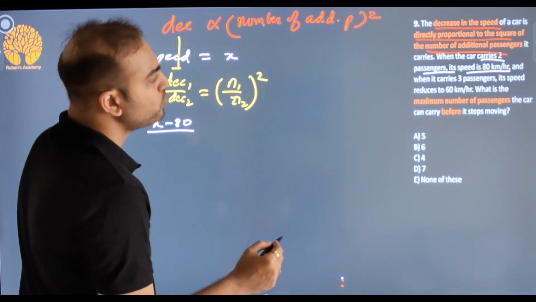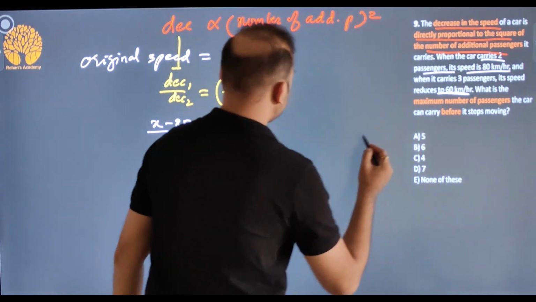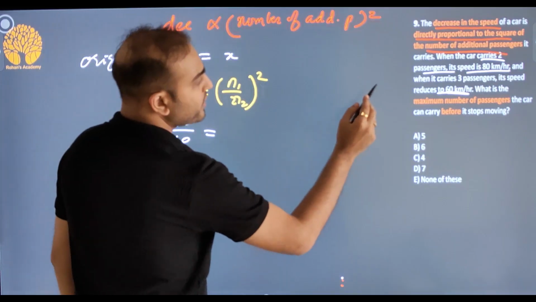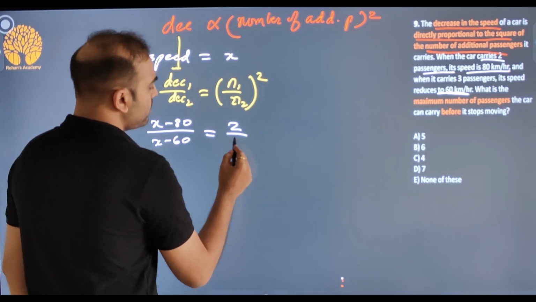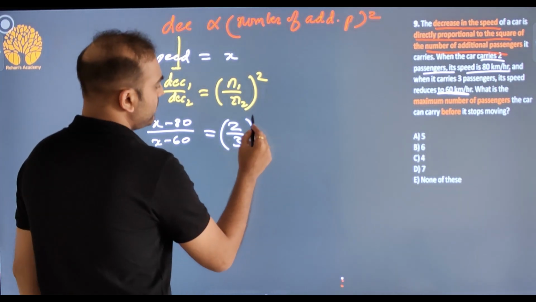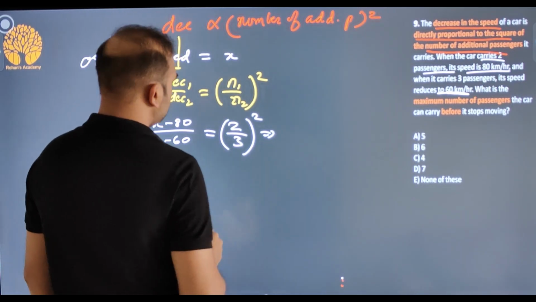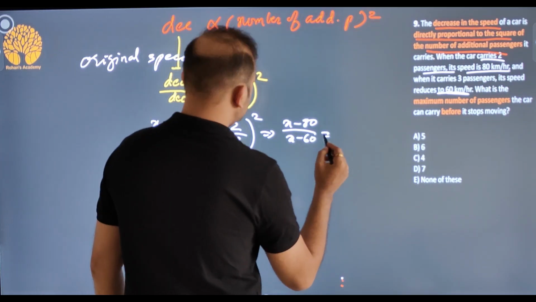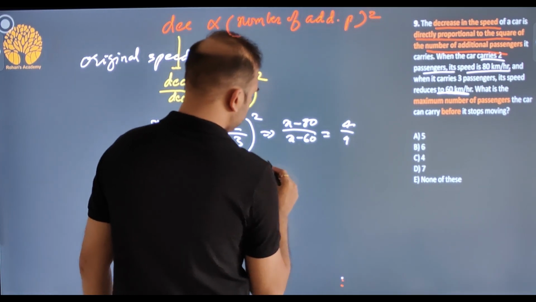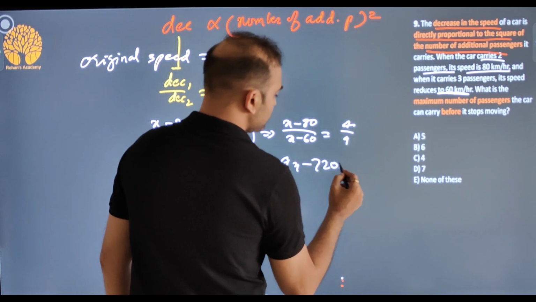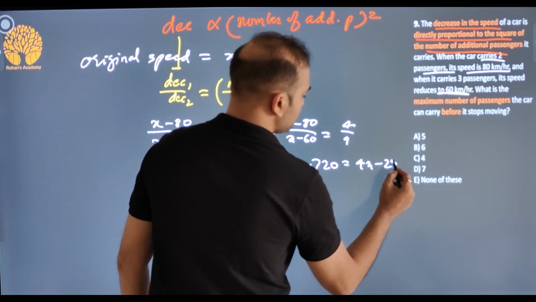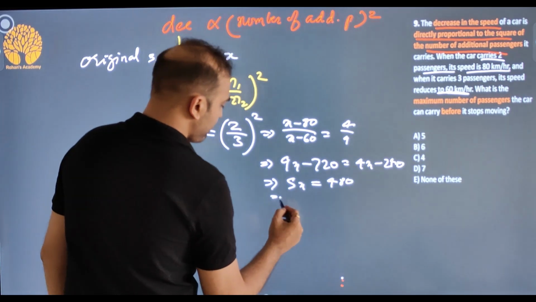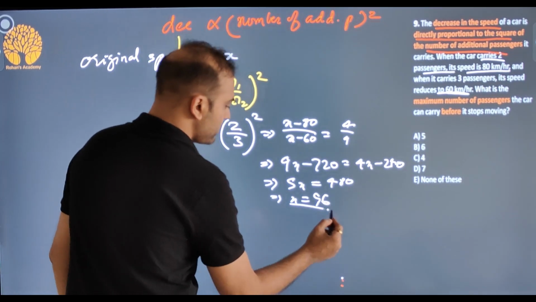Decrease 2 is x minus 60, equal to additional passengers 1, that's 2, and additional passengers 2 is 3 square. Let's solve that. x minus 80 over x minus 60 is 4 by 9. 9x minus 720 is 4x minus 240. 5x is 480. x is 96.